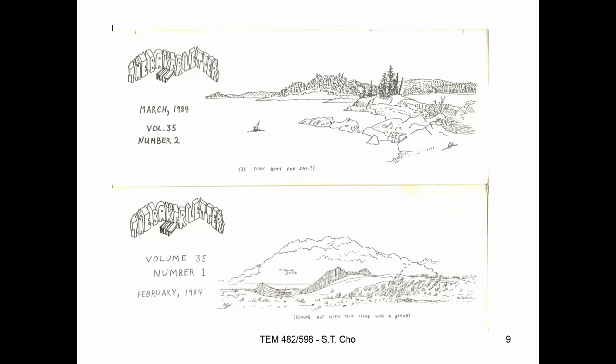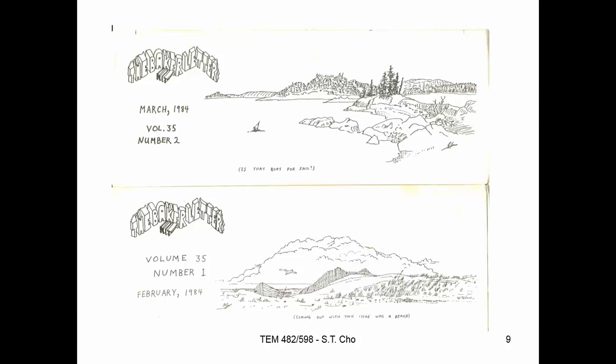Now, once upon a time in Dr. Cho's younger days, he was actually editor of his dormitory newsletter, The Baker Letter, and I used to do my own art. I used to draw my own covers. And yes, if you look at the top drawing, the caption is, is that boat for sale?